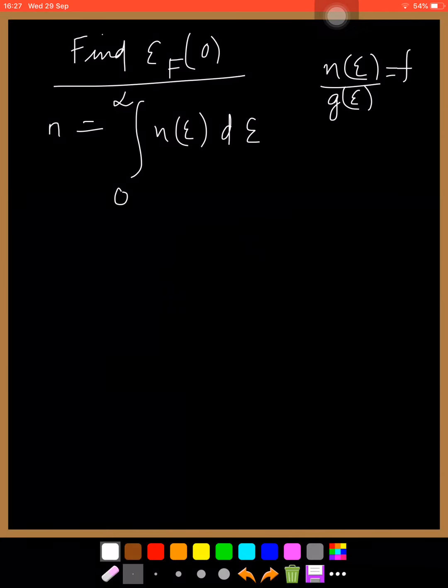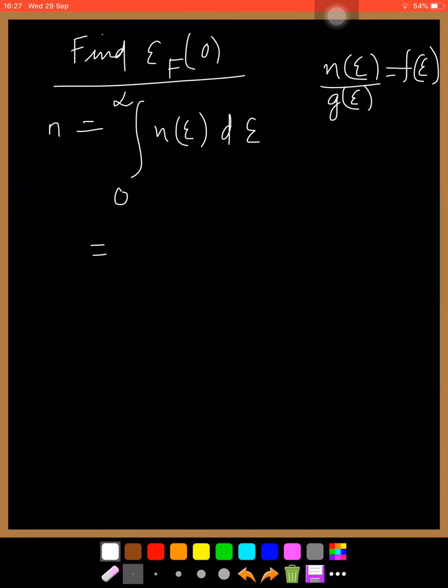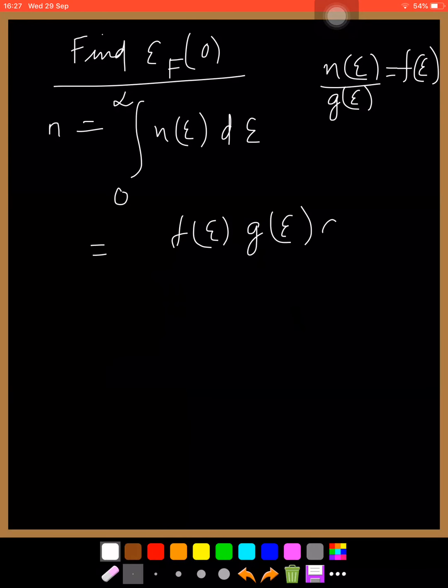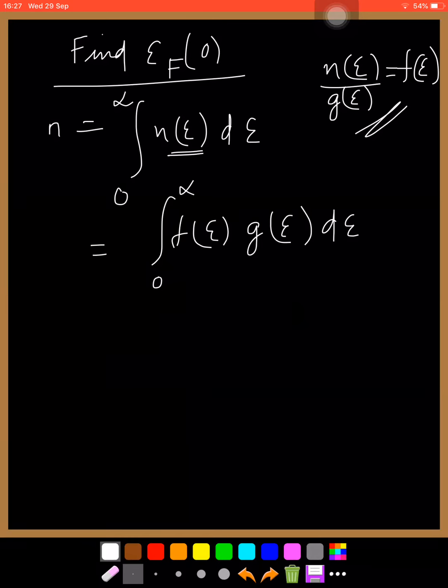That is the distribution function F(E). And N(E) is F(E) g(E) dE. So from this expression, substitute N(E). N(E) is F(E) g(E), 0 to infinity.